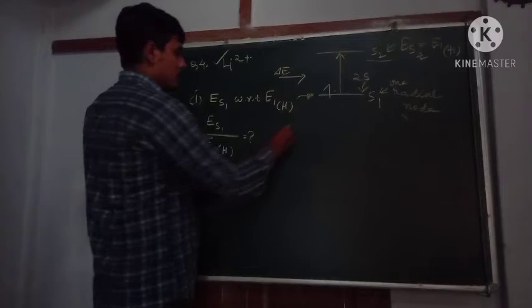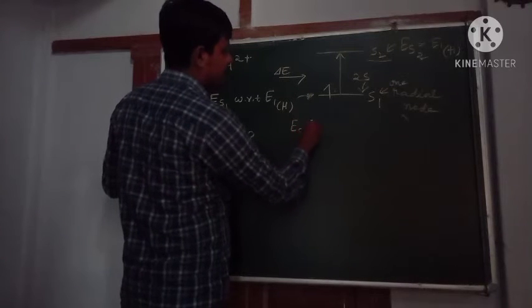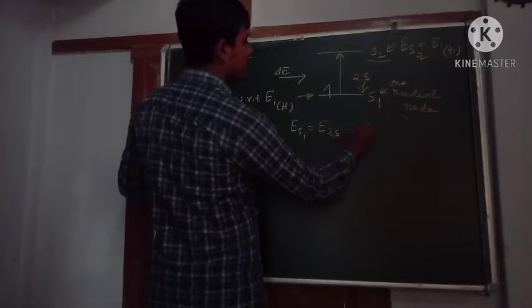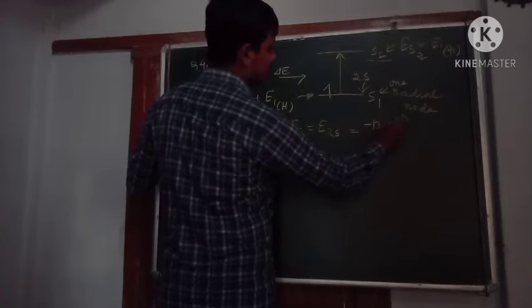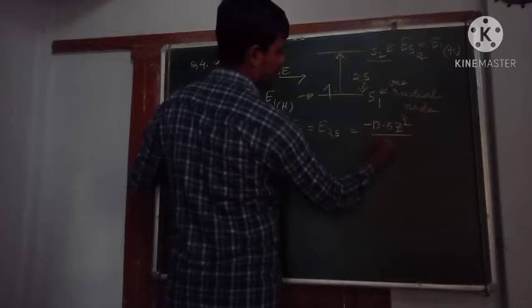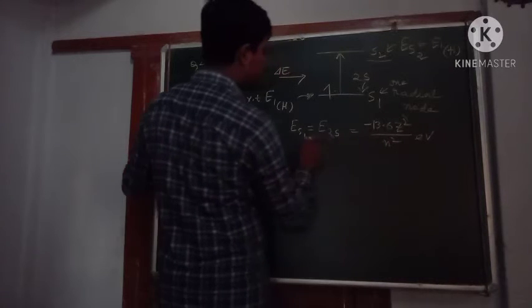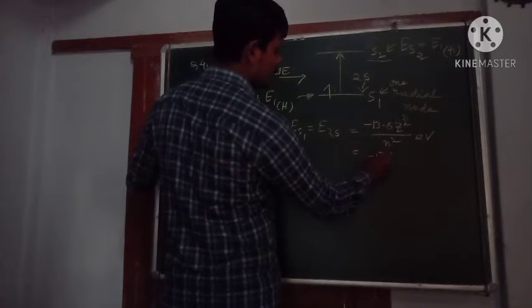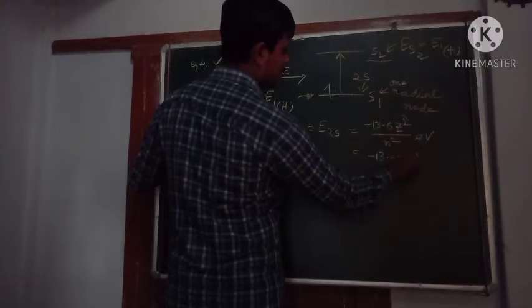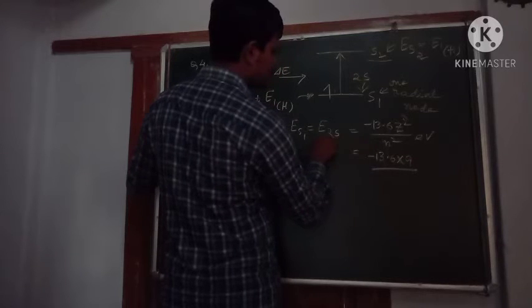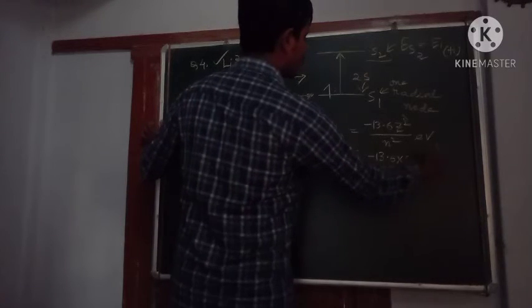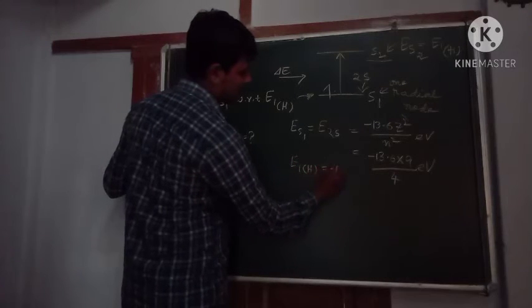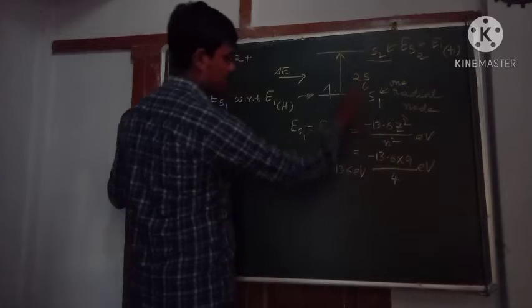Energy of S1 means energy of the 2s orbital of lithium 2 positive, which will be minus 13.6 Z square by n square electron volt. So n is 2 here, Z is 3 for lithium 2 positive. So 3 square is 9, n square, that means 2 square, is 4 electron volt. And the energy of the ground state of hydrogen is minus 13.6 electron volt.